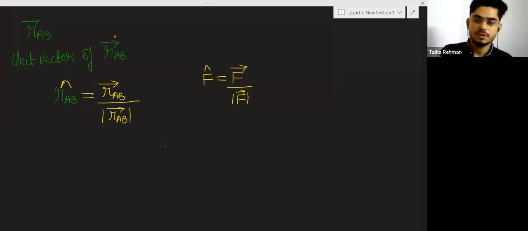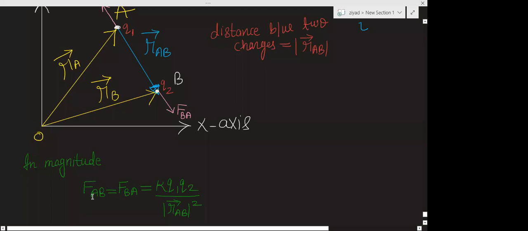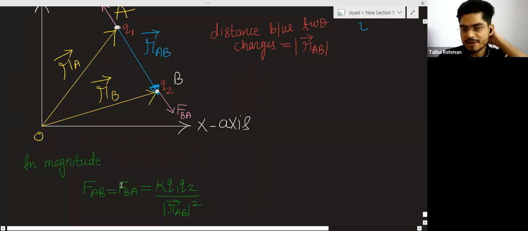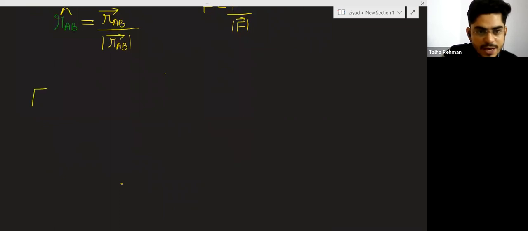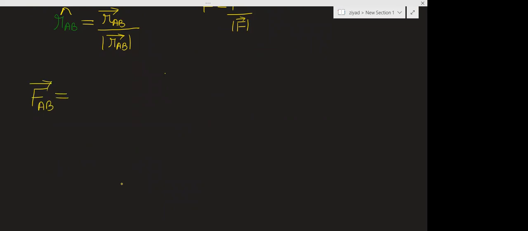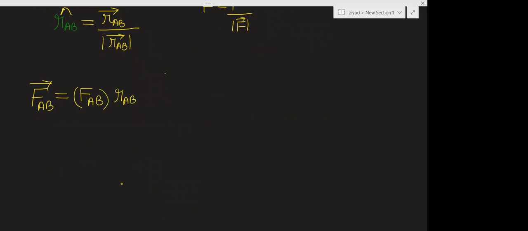Actually, see here, we have this force F_AB. Now we want to convert this F_AB in terms of vector. So do one thing. Write F_AB vector you want to find now. Then you will just first write the magnitude of F_AB and multiply it with the unit vector in the direction of F_AB, and that is r_AB cap.